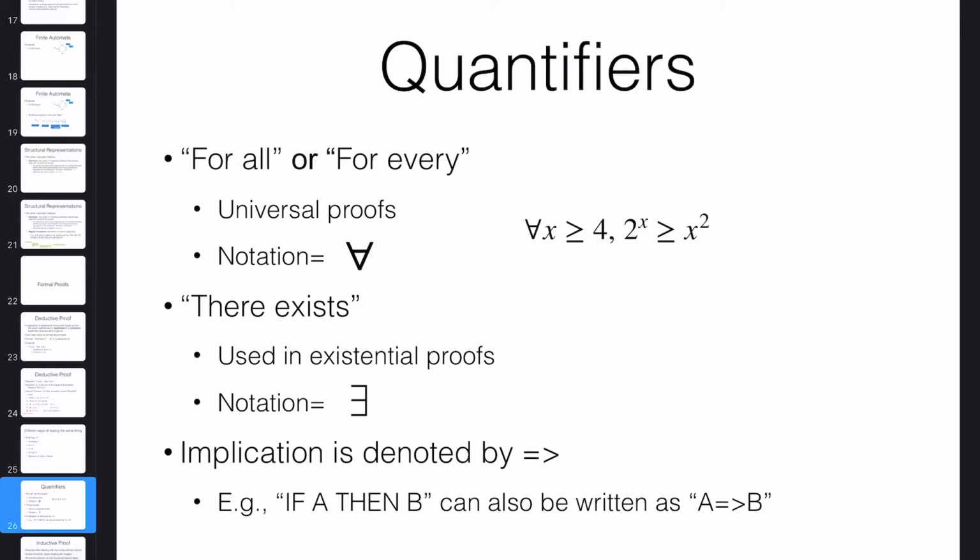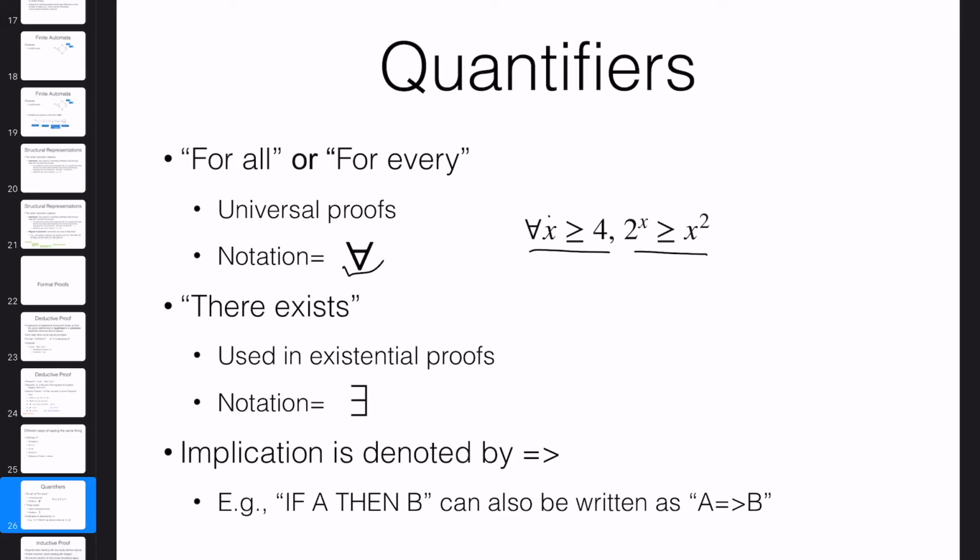Again, just a recap about the quantifiers for all and for every. This is the symbol for all. For example, for the previous theorem that we wrote, that for all positive numbers which are greater than or equal to 4, we can write it in this form: for all x greater than or equal to 4, this is the conclusion.